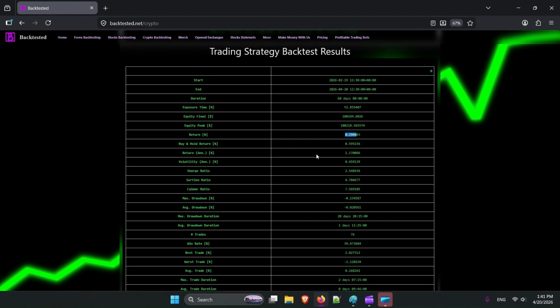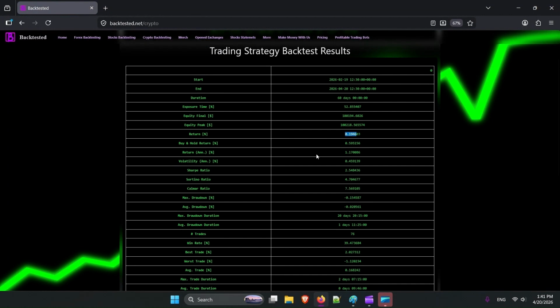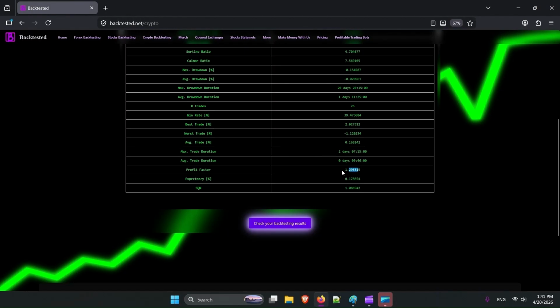It's not the important metric here. The important metric is the profit factor. This tells you if, for example, you risk $1 to gain 1.29. So it's like the global risk reward metric.